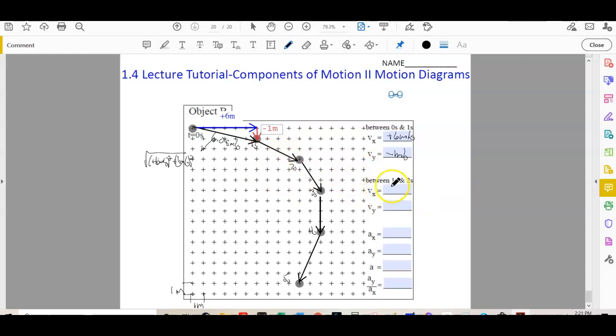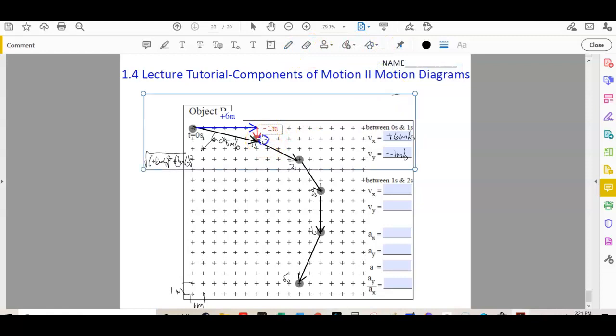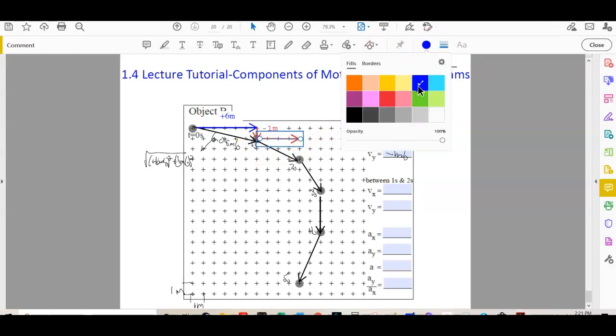We want to do now the velocity in the x direction and y direction between 1 and 2 seconds. So let's go ahead and do that. Okay. So let's begin drawing another blue arrow. This blue arrow looks like this guy is going from this box to this box, and X direction is blue.